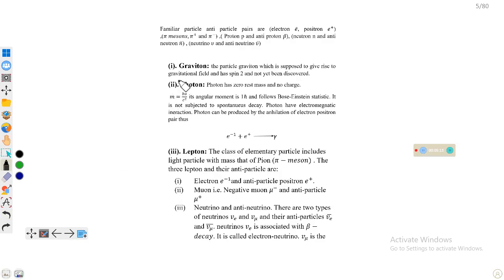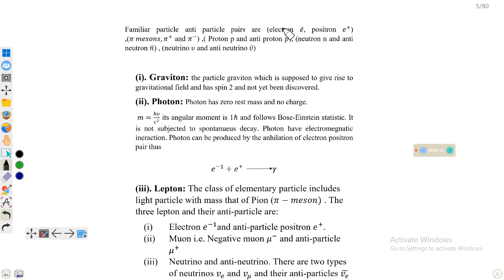Similar particle-antiparticle pairs are, for example, the electron, whose antiparticle is the positron, and similarly the pi-plus meson and pi-minus meson are antiparticles. Proton and antiproton, neutron and antineutron, neutrino and antineutrino. These are the antiparticles, which we will also discuss in separate sections.